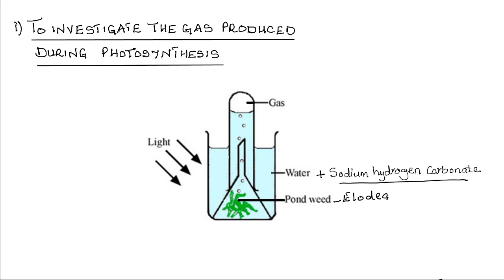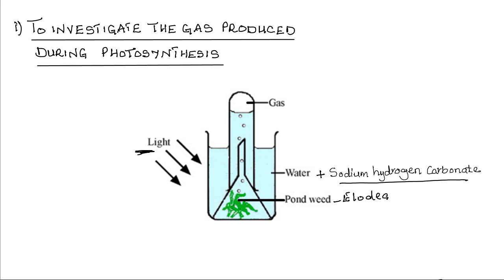Now, this experiment can be used to investigate various factors on the rate of photosynthesis. In other words, we can use this setup to investigate various aspects of photosynthesis, and this includes the effect of light intensity on the rate of photosynthesis. By using a light source, we modify the experiment slightly.